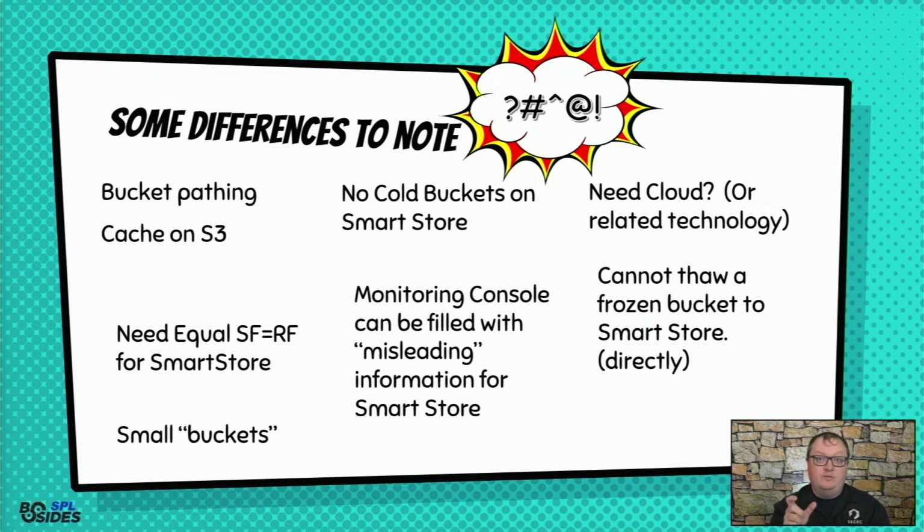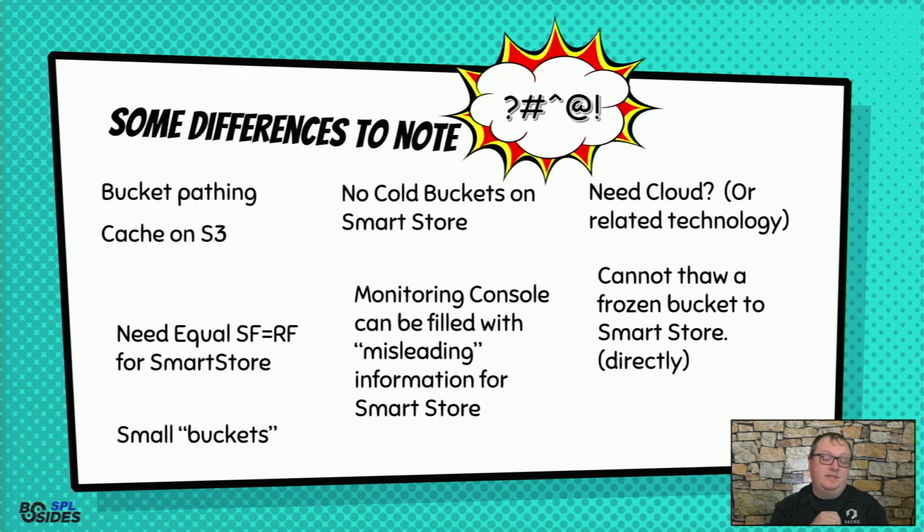With normal local storage, it would get rolled to cold and compressed. That is not the case for SmartStore. SmartStore doesn't want to have to zip, unzip, zip, unzip. It's just a warm bucket, and that's what you get. There's no cold.